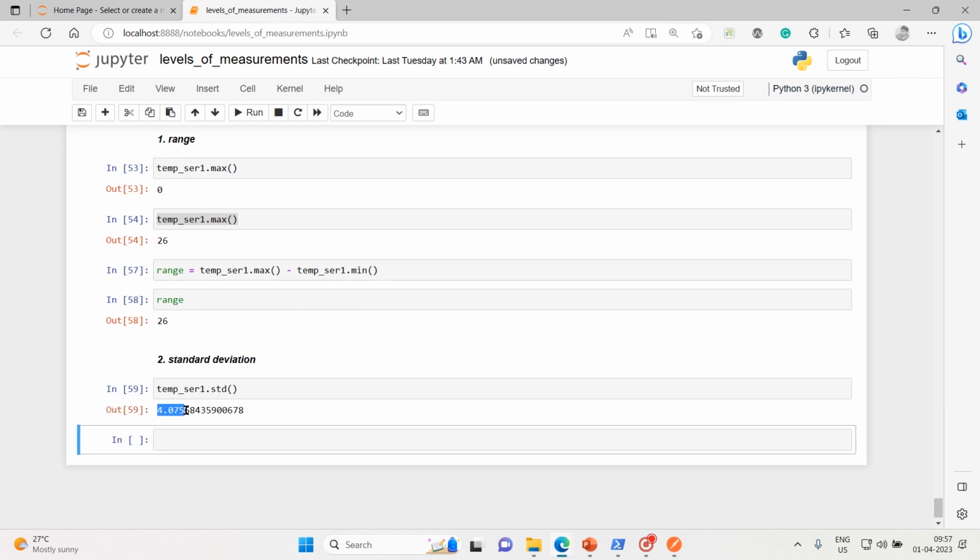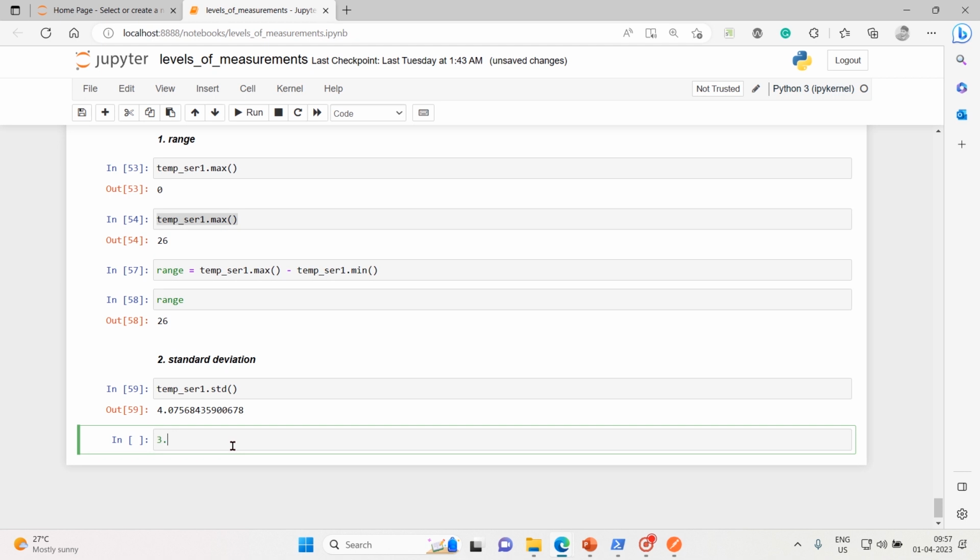The deviation from one element to any other element in that data is generally 4.075. That's what the general deviation is from one element to another. So that's our standard deviation.